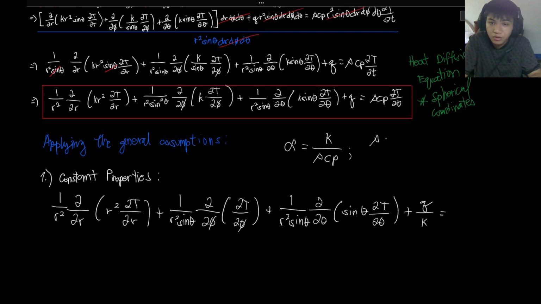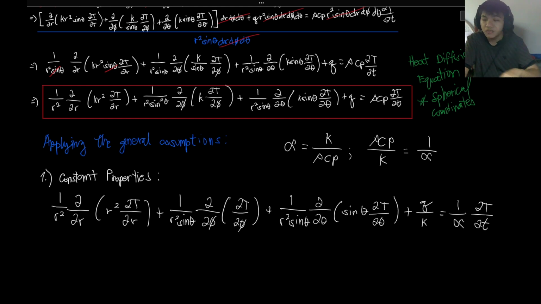If we have rho Cp over k, then it would just be the reciprocal of thermal diffusivity. So that is 1 over alpha, which is what we'll use. So 1 over alpha, and then the partial derivative of temperature with respect to time. So this is the equation for constant properties.